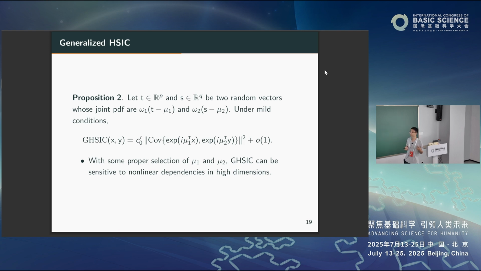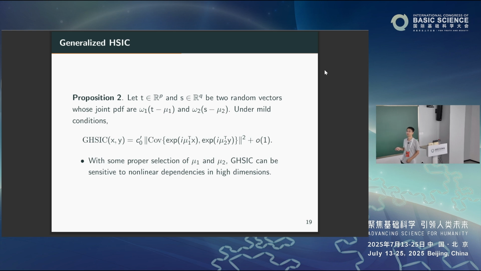As we demonstrated earlier, the HSIC will degenerate to 0 in high dimension, and the leading term is the covariance between X transpose S, T and Y transpose S. That is the linear dependence. Here, the generalized HSIC will not degenerate to 0.